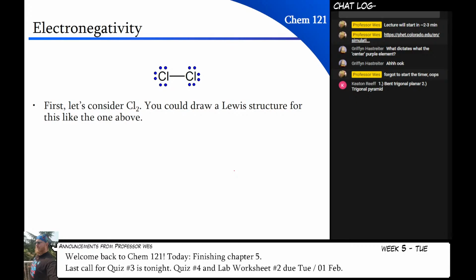On the board, I have 2 chlorine atoms in a bond. And if I was going to draw where the electrons would spend most of their time, you would just say, well, in the bond, right? Because they're bonded. Now, the electrons in the bond are not immobilized.